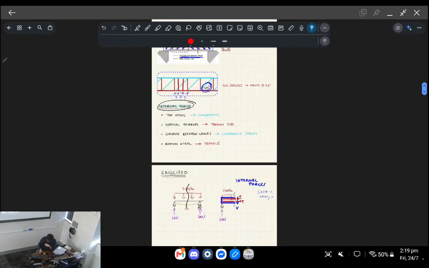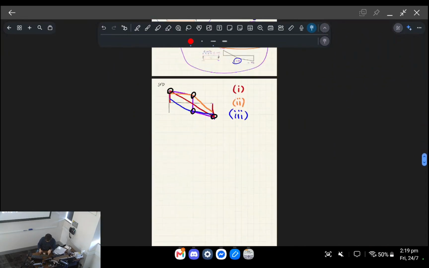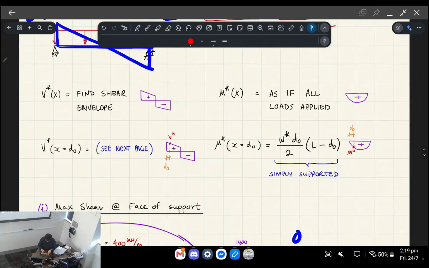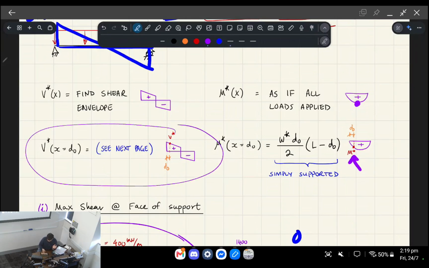Not only is that where we're going to take the design shear, but it's also where we're going to take the design moment, all right? So when we're doing flexural design, we wanted the peak moment over the entire beam, right? Whereas here, we're interested in the bending moment at the design location, right, for shear.